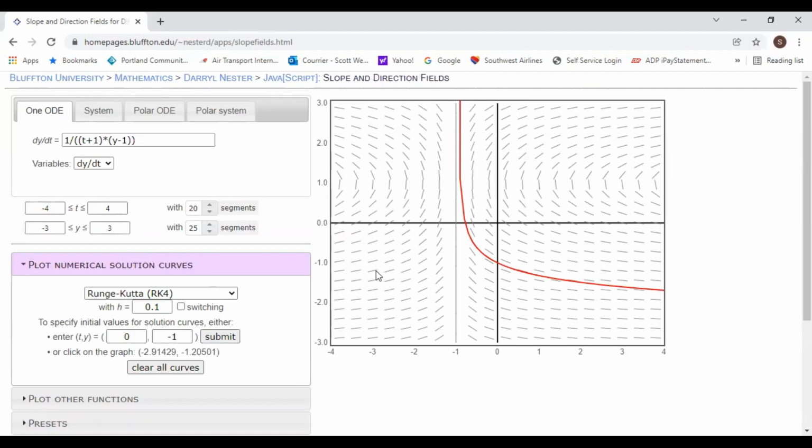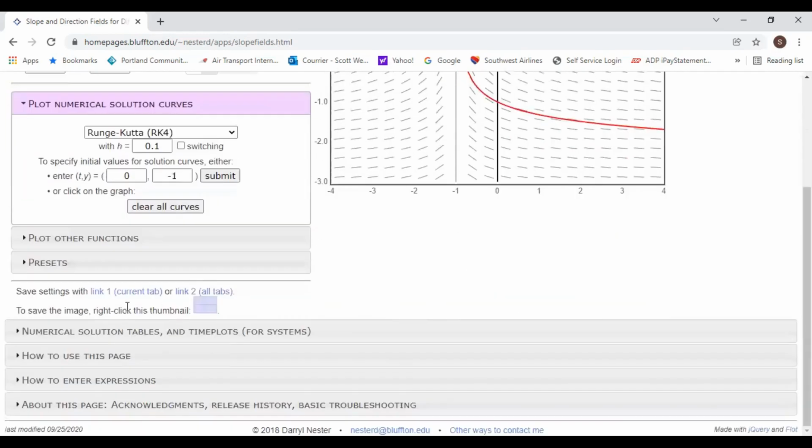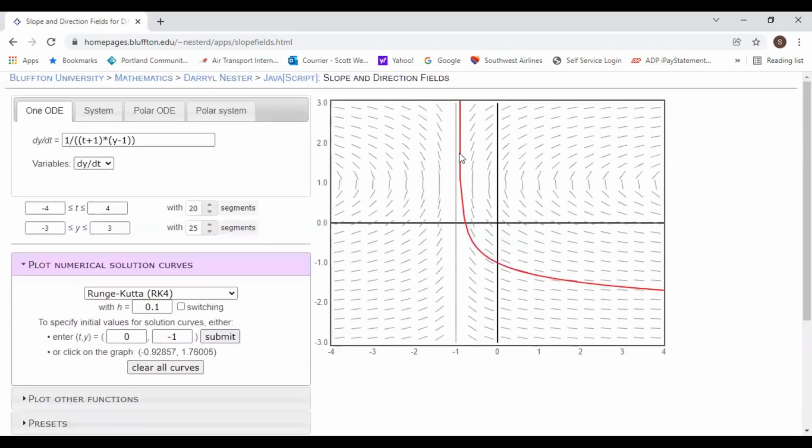This is a very strange looking one, and when it comes to where our solution continues to be defined, the place where it is vertical right here is essentially going to be the t-value that we identified.